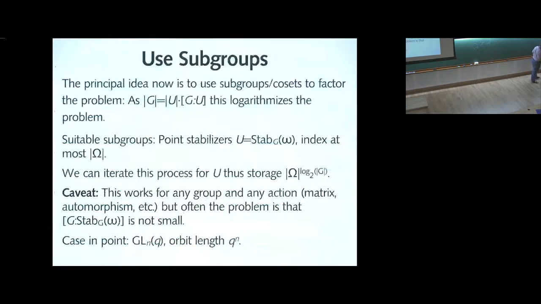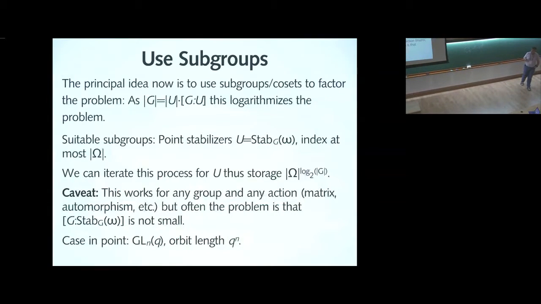And the basic idea is to use subgroups. On an even lower level, the basic idea if you want to write an algorithm is: if you can't solve the problem, you try to reduce it to a smaller problem. What are smaller things in group theory? Smaller things are subgroups. So if we have a group we can't handle, can we reduce the problem by looking at a subgroup and the cosets?